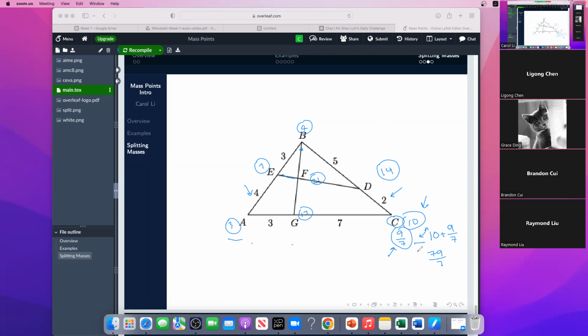For splitting masses, you add the different masses that were created, and that would be the total point mass. So if they ask for the ratio of some other side length to that, it would be the sum of it instead of just one over the other. So let me get to the next one.